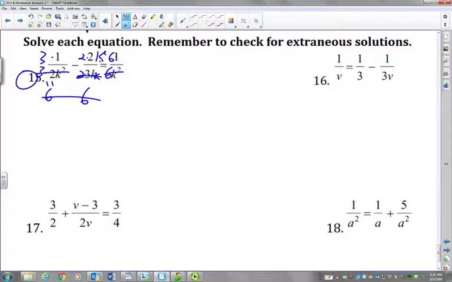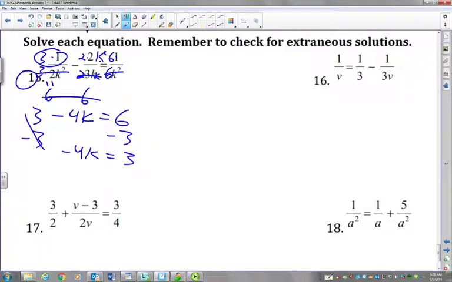So we cross out the bottom and just solve the top. So 3 times 1 is 3, minus 2 times 2 is 4k, equals 6. And then, what do we do next? That's right, minus the 3 to both sides. So then we get negative 4k is equal to 3. And then to finish off this problem, right now k is being multiplied by negative 4.